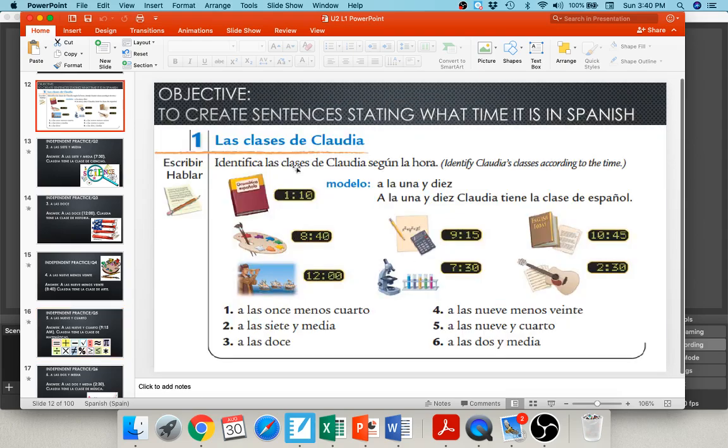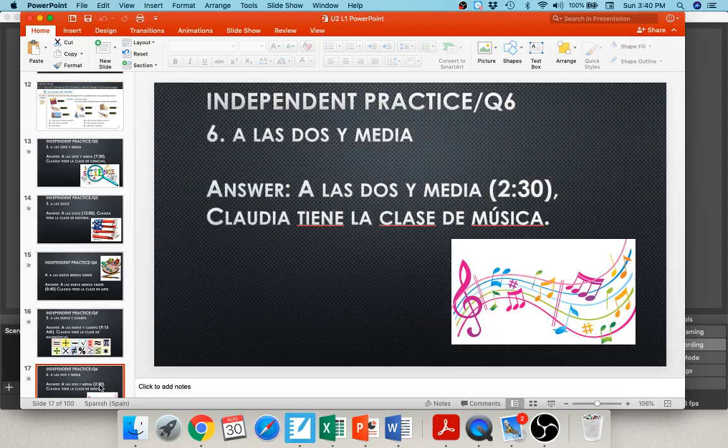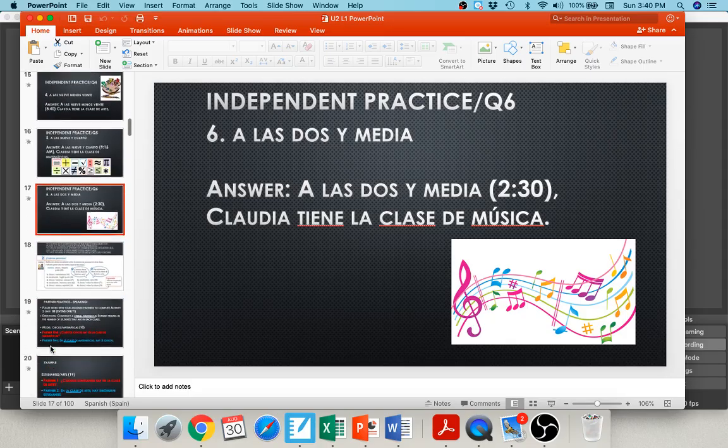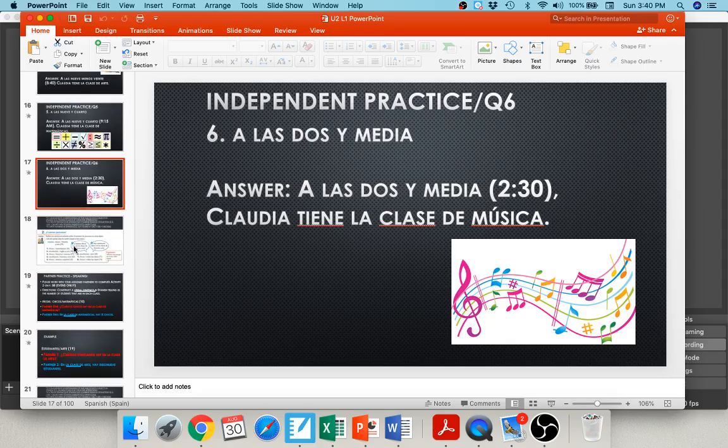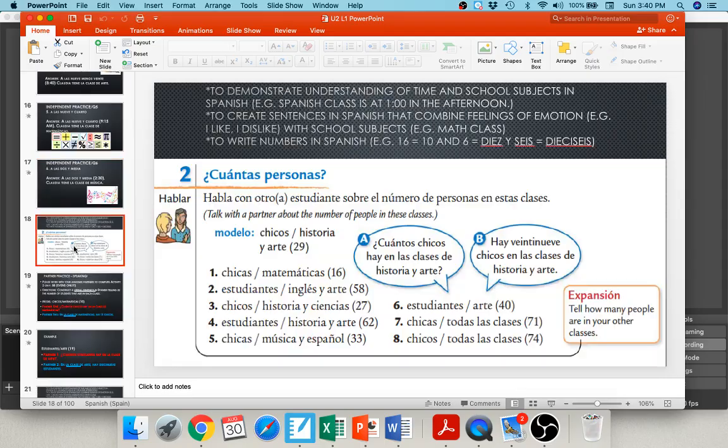And finally, our last one, number 6, we see a las 2:30, at 2:30. At 2:30, you see a guitar there. It looks like she has music class. So we're going to say in our final sentence that a las 2:30, Claudia tiene la clase de música. Claudia has music class. Okay, hope you're feeling better about these school subjects.